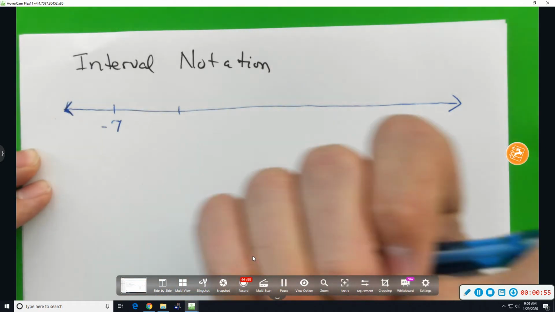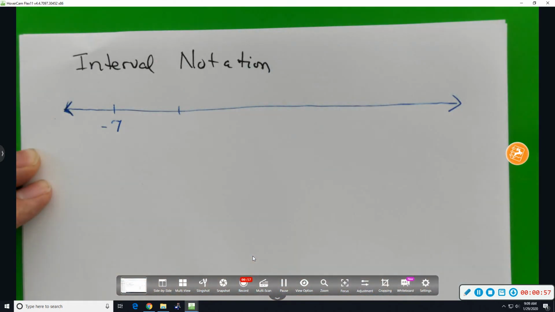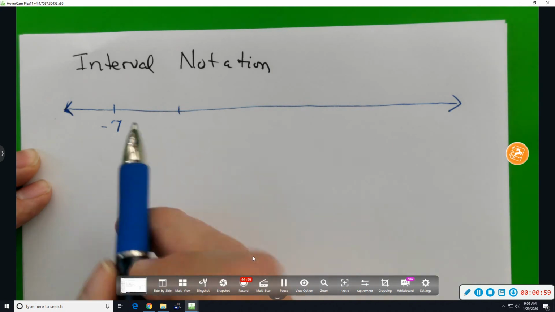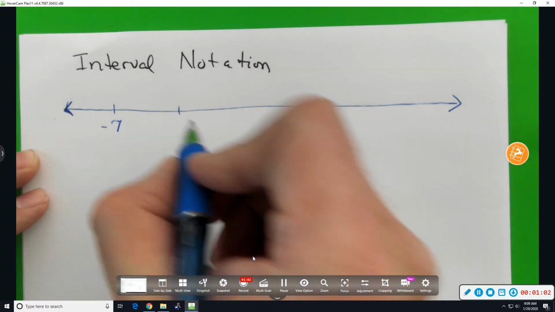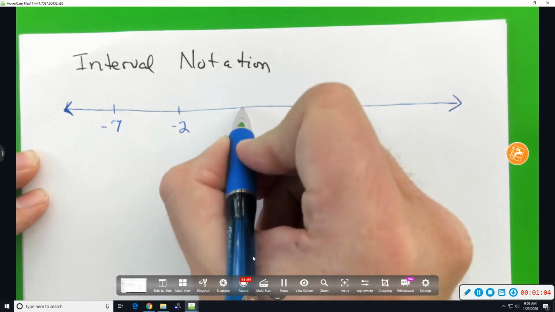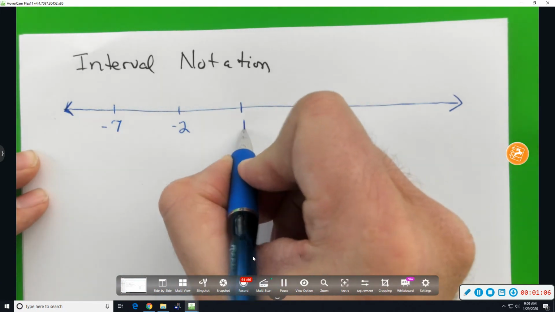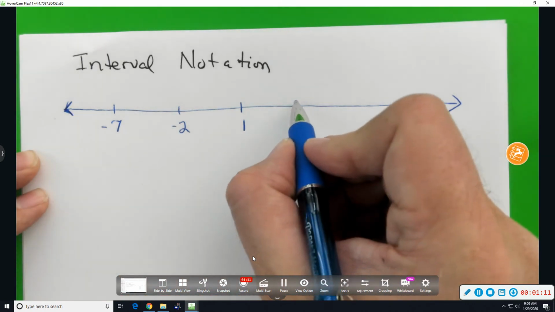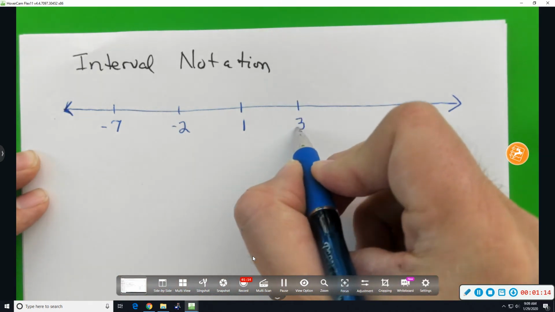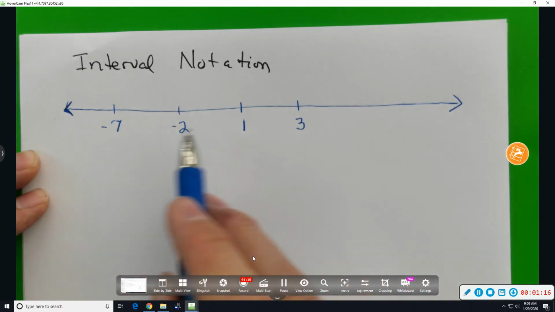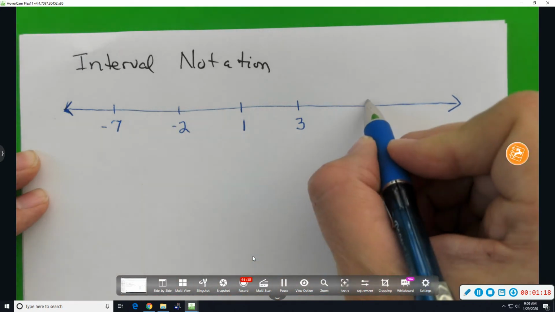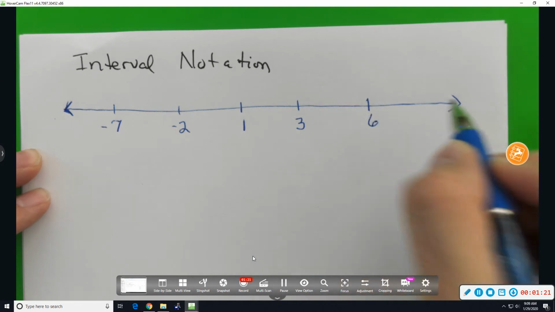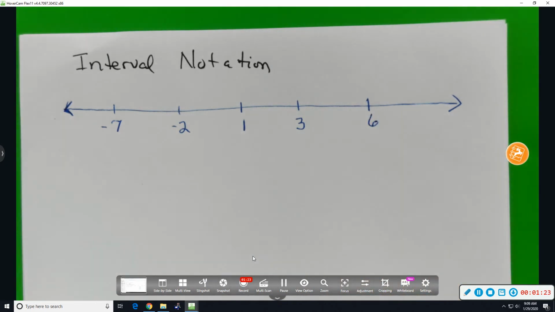As you move this way, they get bigger and bigger. Something like -2, +1, +3, +6.